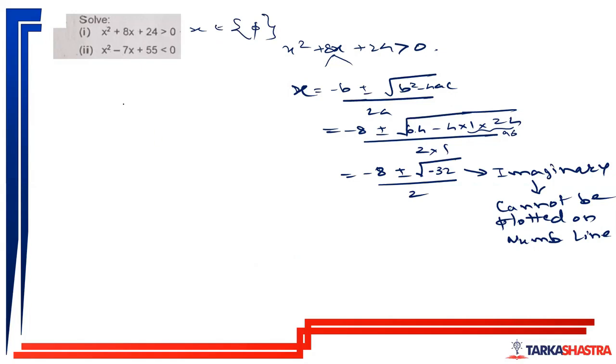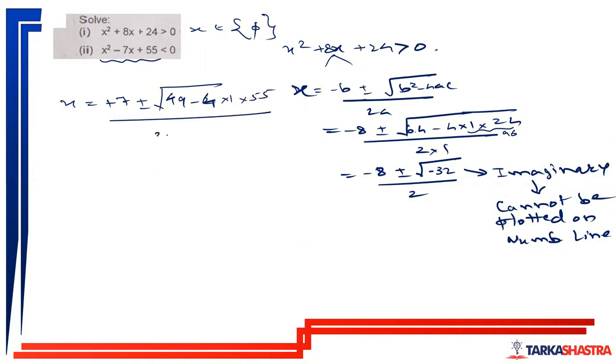Okay, let us try to do it for this term. x square minus 7x plus 55 less than 0. So x would be minus b, so minus of -7 is positive 7 plus or minus under root of (-7) square is 49 minus 4 into 1 into 55.